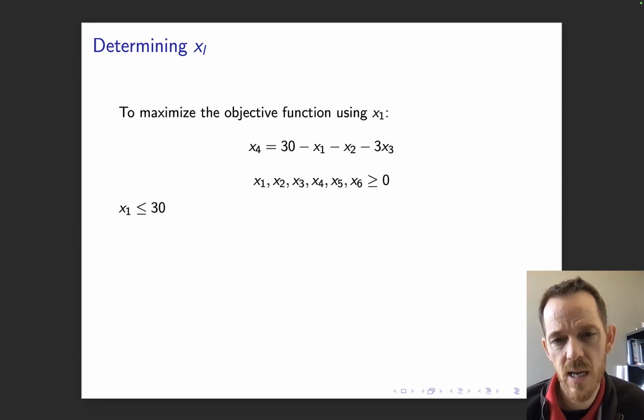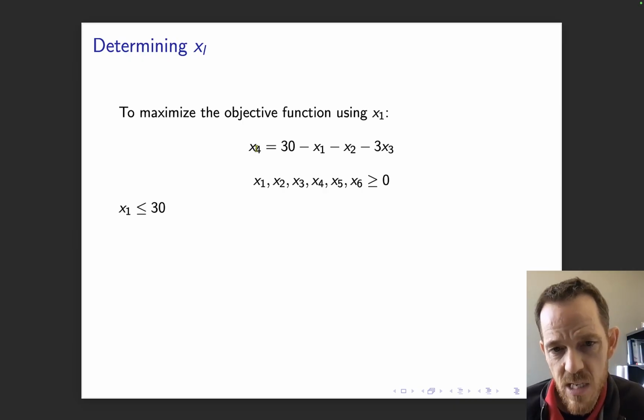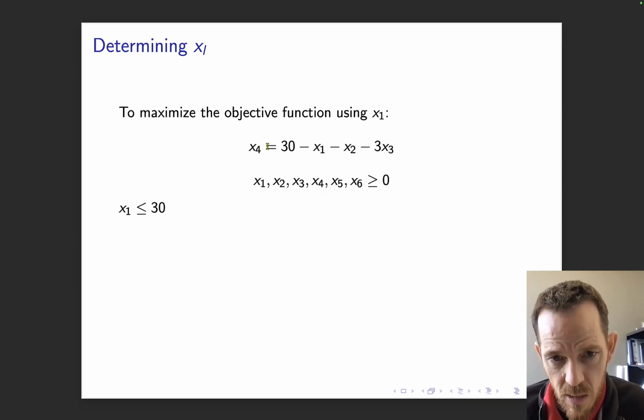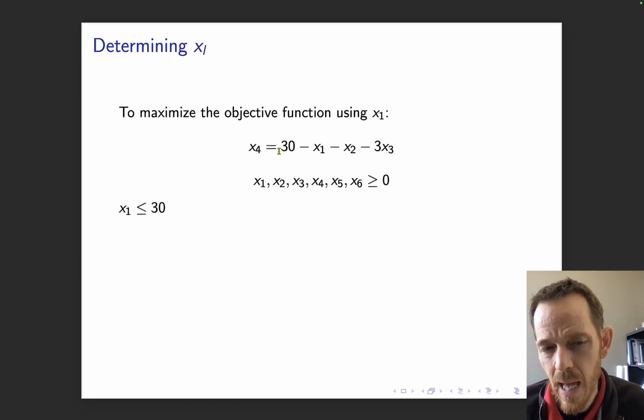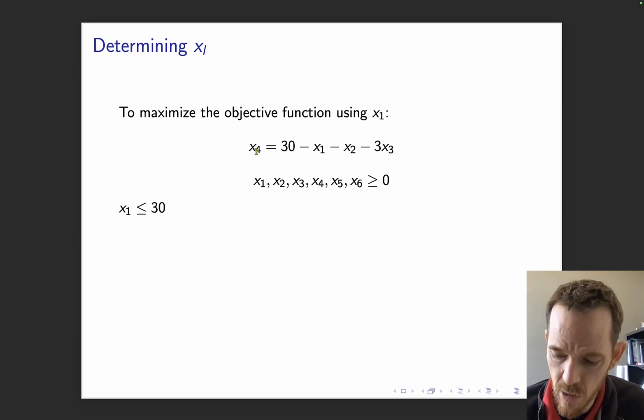Because of all our non-negativity constraints, we can ignore x sub 2 and the term x sub 3, so that leaves 30 minus x sub 1, but x sub 4 has to be at least 0. So the largest x sub 1 can be is 30, making x sub 4 0. And so we know that x sub 1 has to be less than 30 to make all these constraints work.